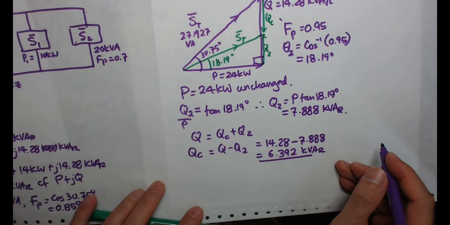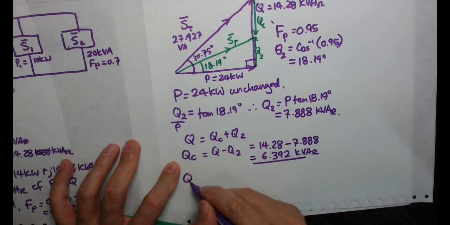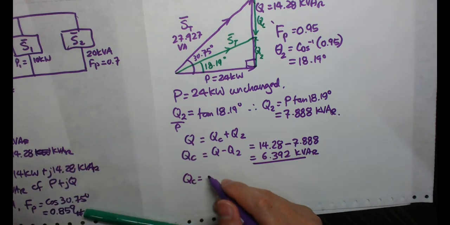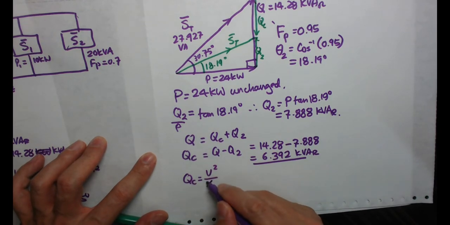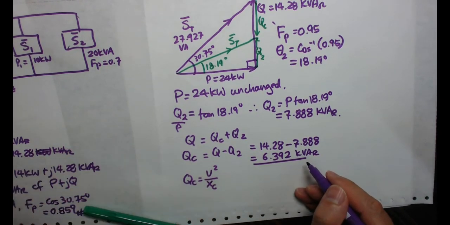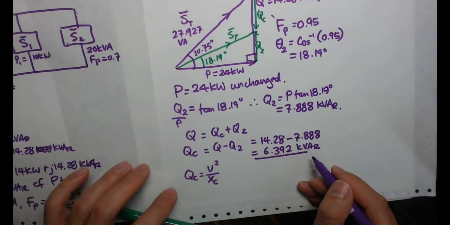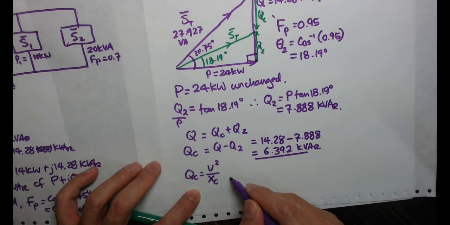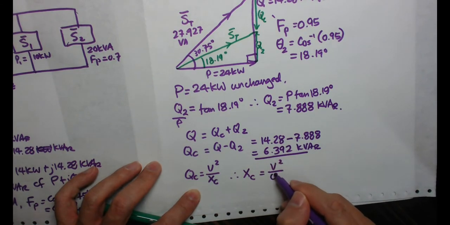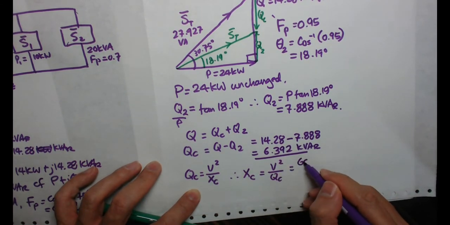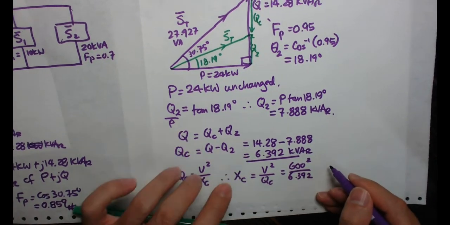Now we also know that QC can be calculated using QC equals to the voltage that we apply, V squared, over the capacitive reactance of the new capacitor bank I want to use. So which means that XC must be V squared over QC. That's equals to 600 squared over 6.392 kVAR.